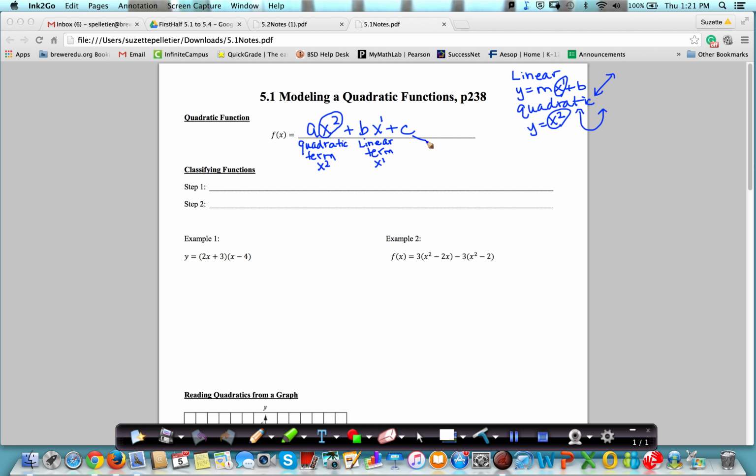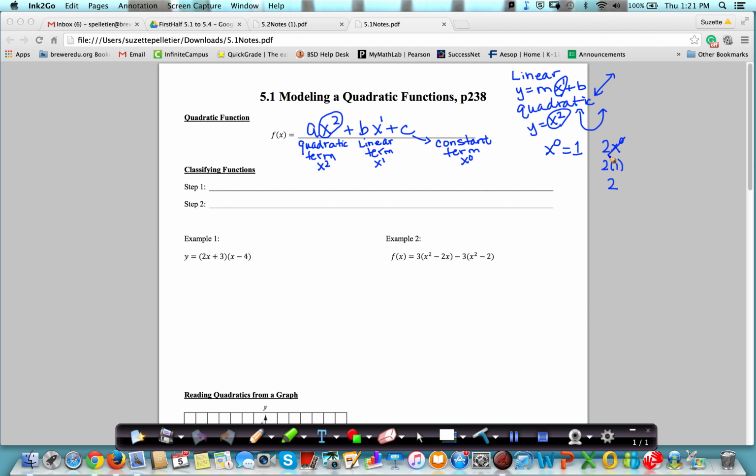And then the very last term is called the constant term. And we call it the constant term because all it is is a constant, which means a positive or negative number. It is x to the 0 power, and if you think way back to Algebra 1, anything raised to the 0 power is equal to 1. So if I had 2x to the 0 power, I have 2 times 1, which is 2.